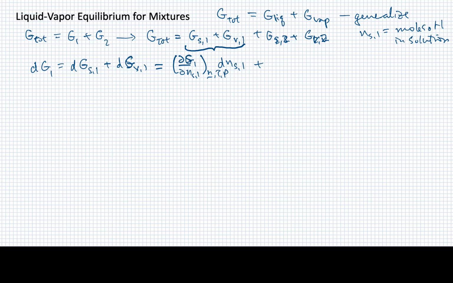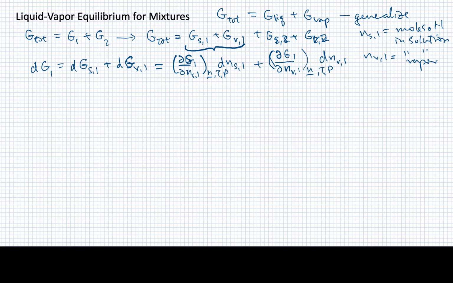Similarly, I will have a term that looks like this for the vapor part: dG1, partial with respect to the number of moles in the vapor phase, with all of the other things held constant, as well as T and P, times the change in the number of moles for component 1 in the vapor phase. So dn_V1 will be the same for vapor.